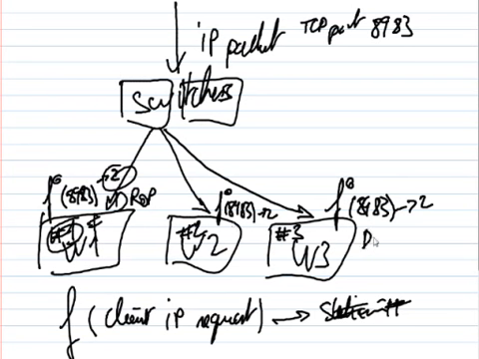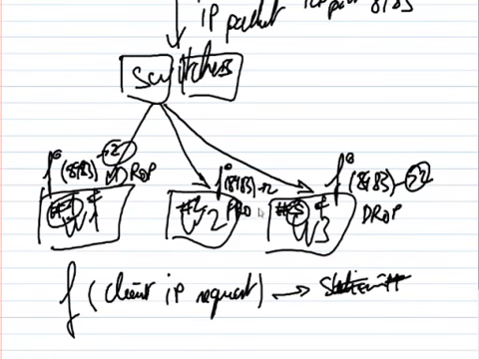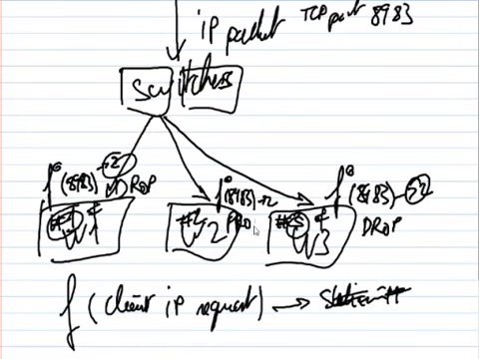Server 3 will do the same because 2 is different than 3, and this one will process the packet.